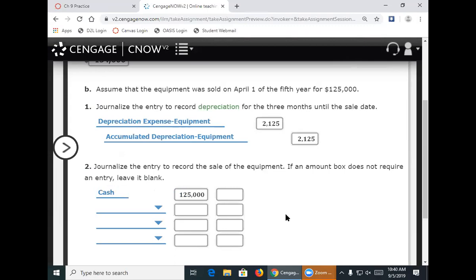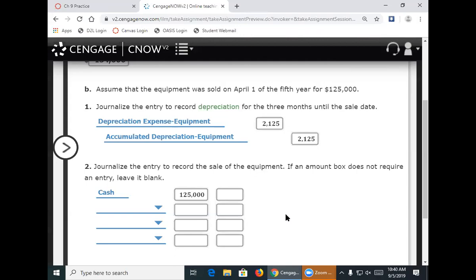So I originally purchased this equipment at $168,000, and it's still on my books at a cost of $168,000. Accumulated depreciation has a credit balance of $36,125. These two accounts get zeroed out because I'm getting rid of that equipment.